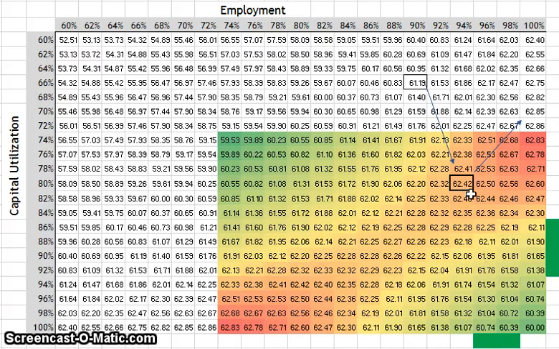So if you start employing more people, it's profitable to employ more people, drop the unemployment rate by 2%, 62.5. So you move from here to here. But then, all of a sudden you realize it's profitable to use less capital.